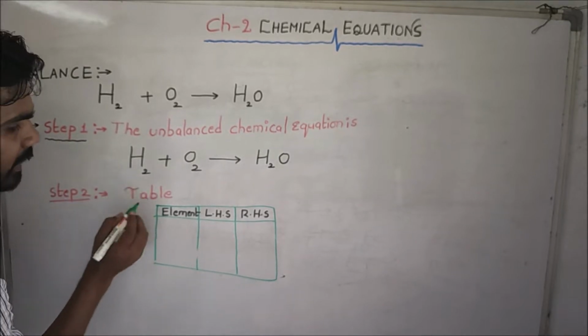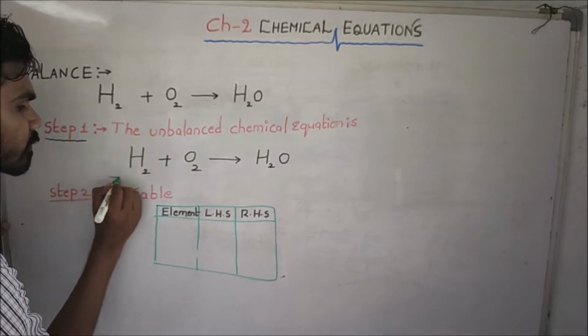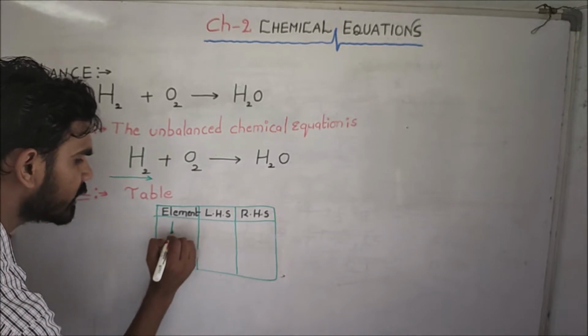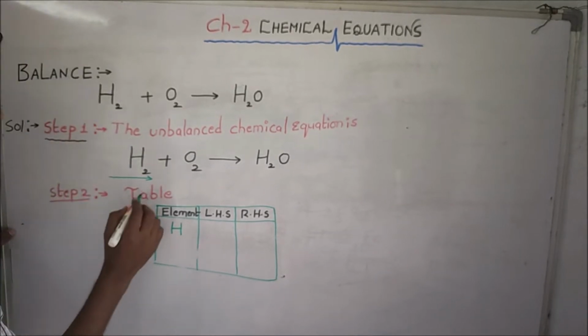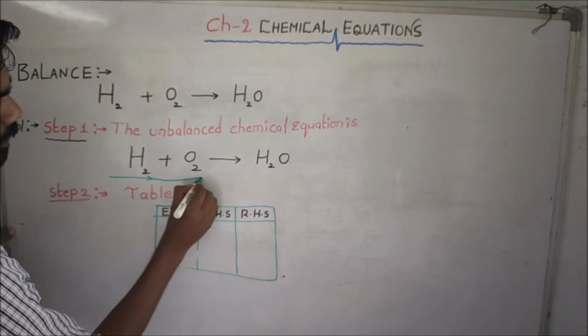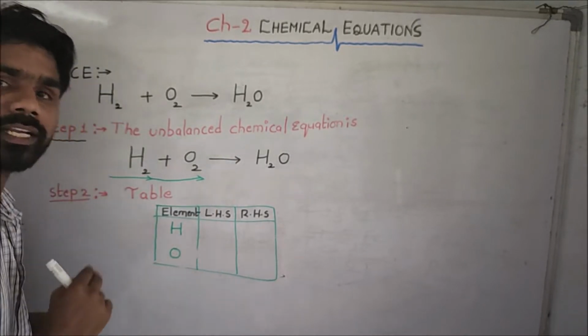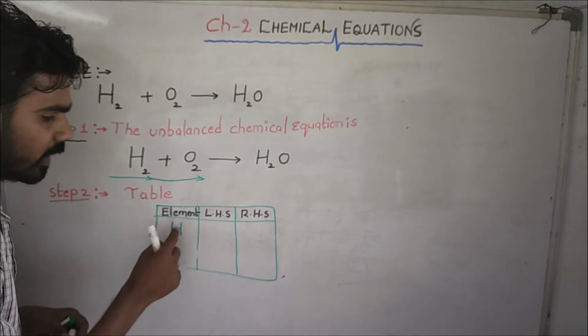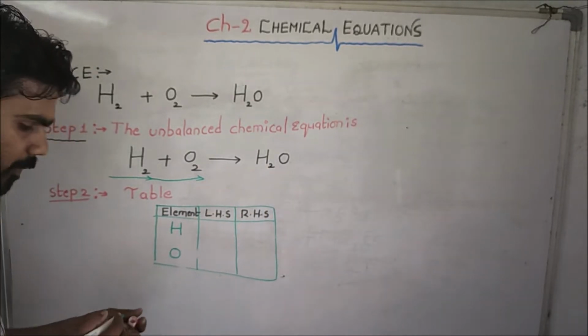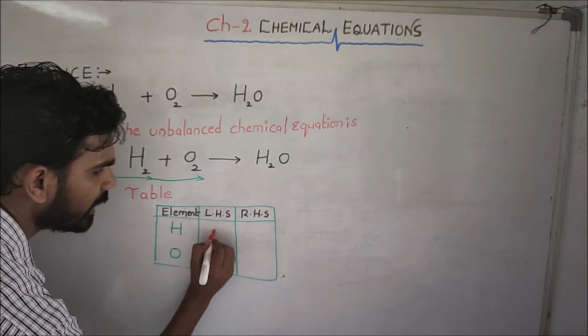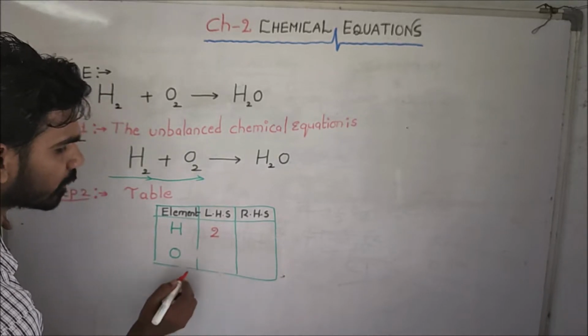Now if you see, start from here. First who came? Hydrogen is there. Now who is there? Oxygen is there. So there are only 2 elements, H and O, here also H and O. On the left hand side, how many hydrogens? 2.